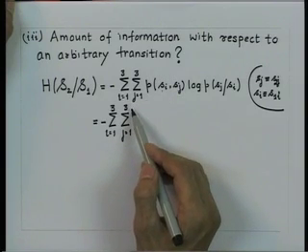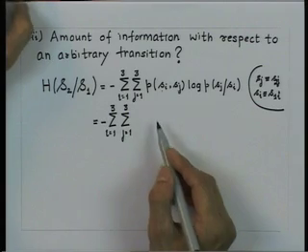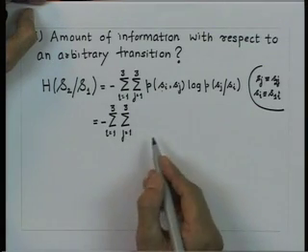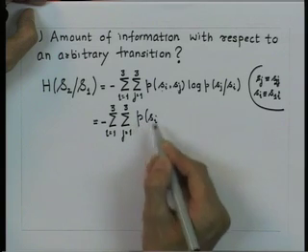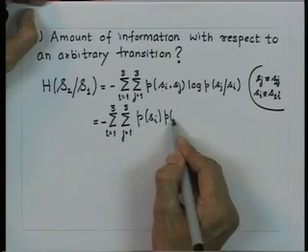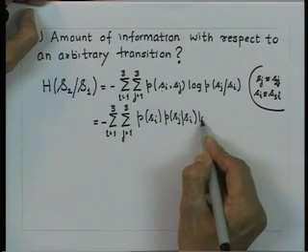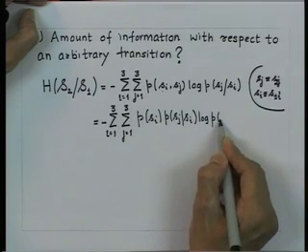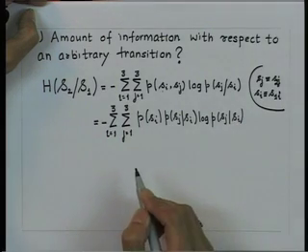So, if I try to simplify this value, I will get this equal to probability of Si, probability of Sj given Si, log of probability of Sj given Si.